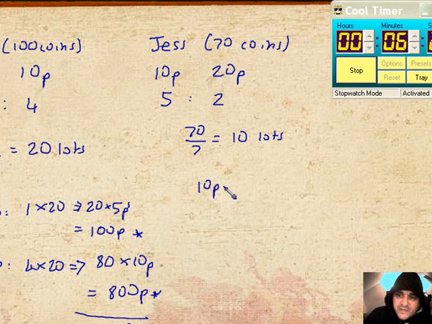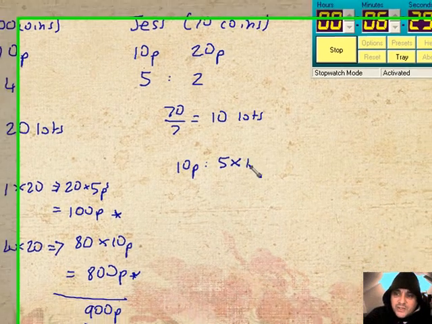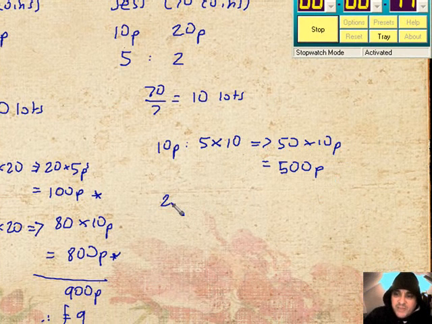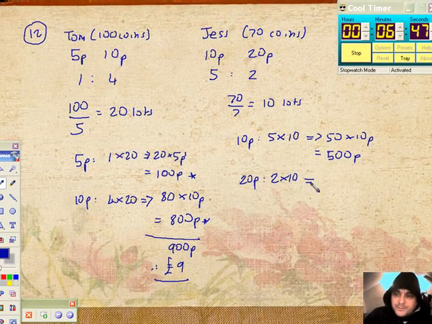Now look at the 10p's first. Jess has got 5 lots of 10, and therefore that becomes 50 lots of 10p, which is 500p. Dealing with her 20p coins, she's got 2 lots of the 10 lot.